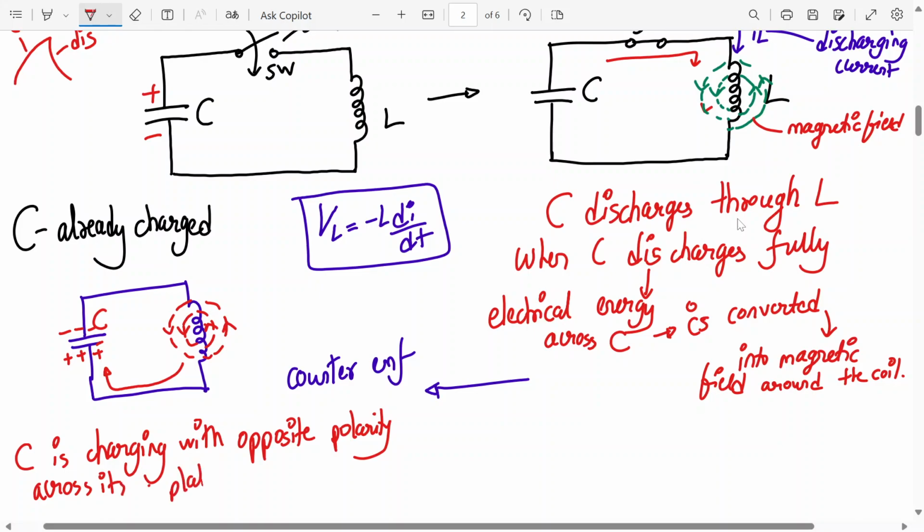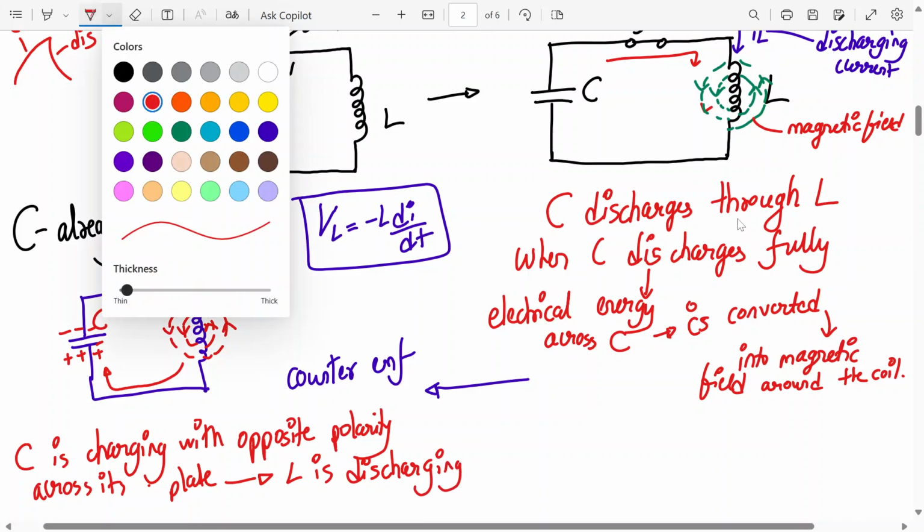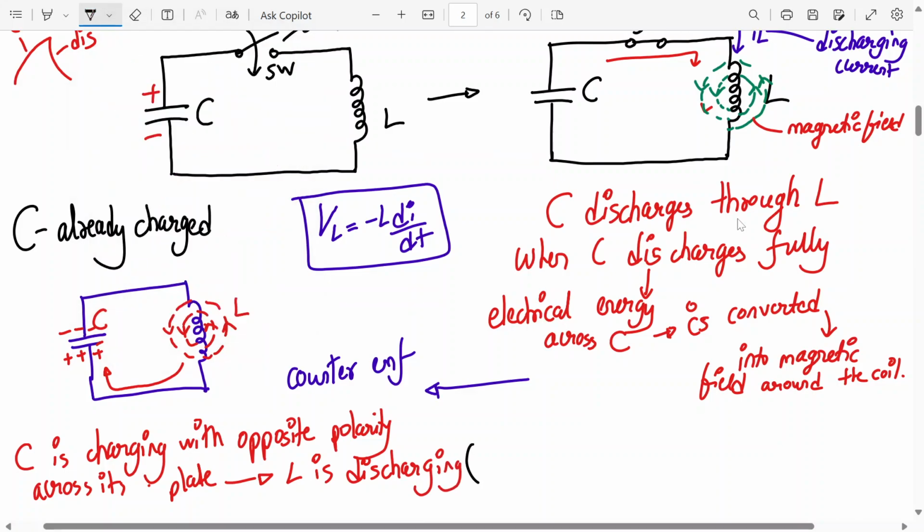When C is charging, what happens to the inductor? In short, inductor L is discharging. What do we mean by inductor L discharging? It means the magnetic field around the inductor L is collapsing.